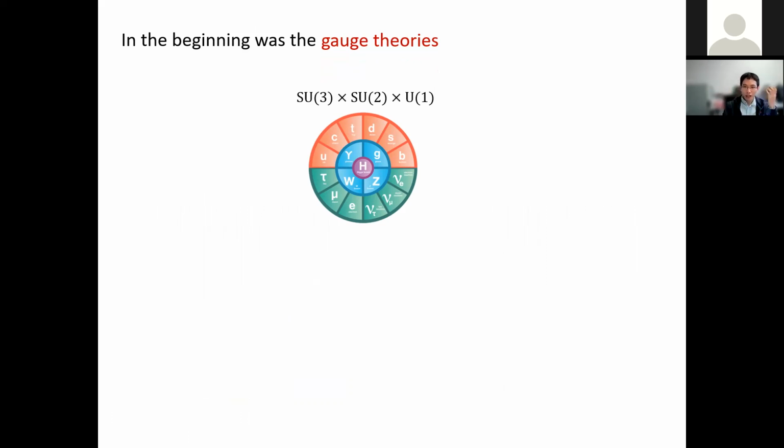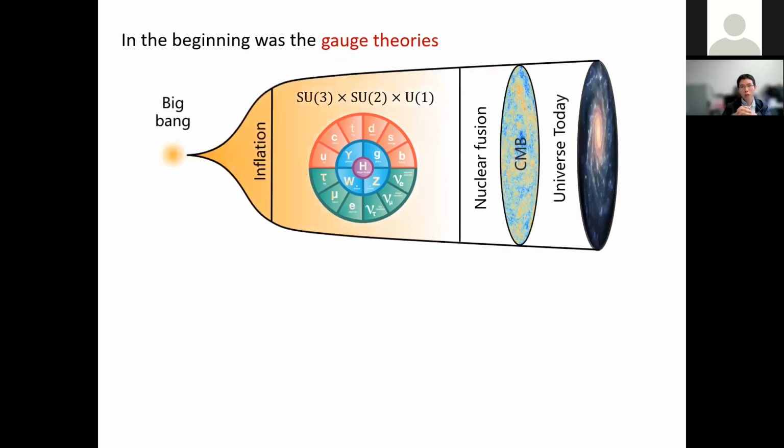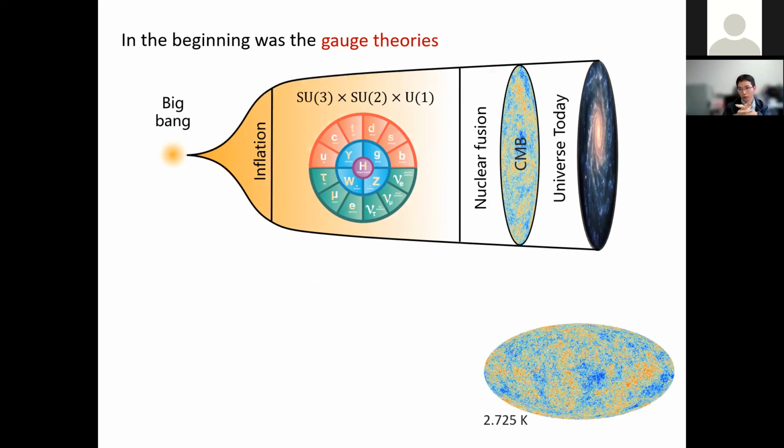In fact, this is the story of creation, since our early universe is filled with all these elementary particles. As they glide and relax, till today we can still see this afterglow of the genesis, which is the cosmic microwave background.